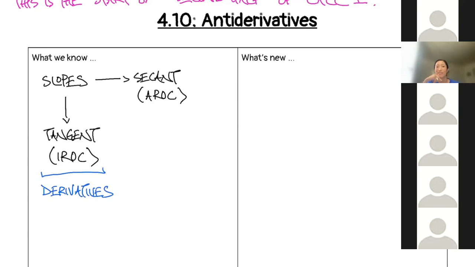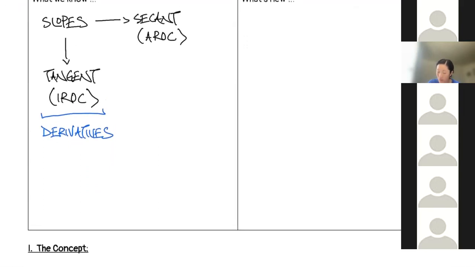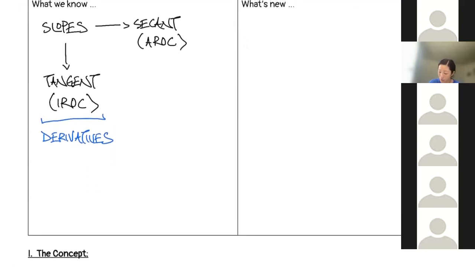Or what happens when things get really small? And so that's sort of a new layer to our thinking. And in terms of the derivatives, we've learned a ton of rules. And so maybe we could list off a few rules that we know about how to find derivatives.